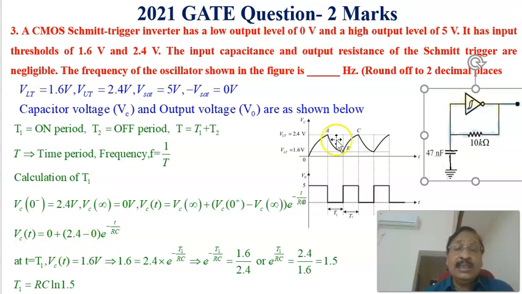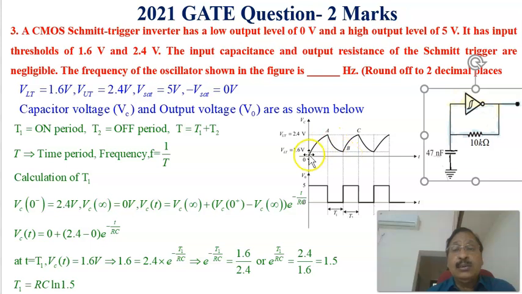For this equation during the discharging of the capacitor, Vc(t) is equal to 0 plus (2.4 minus 0) into e raised to minus t by RC. At time t equal to T1, substituting in this equation, Vc(t) is equal to 1.6 volts.